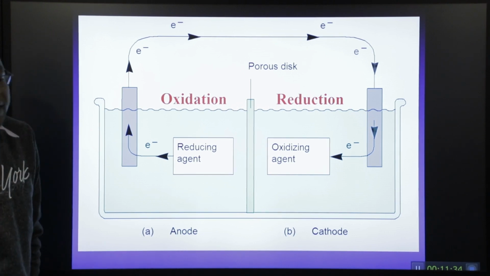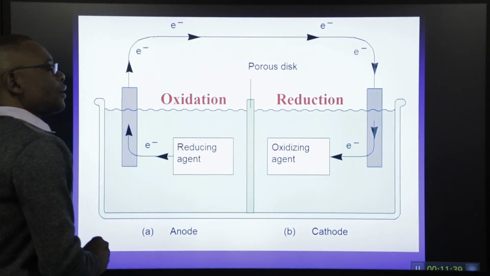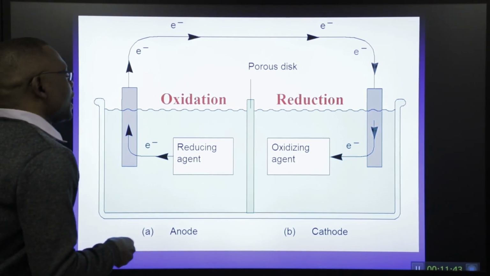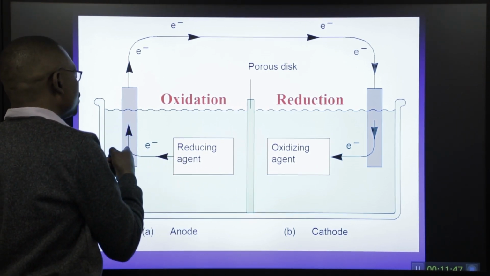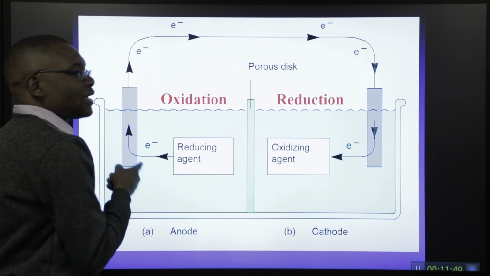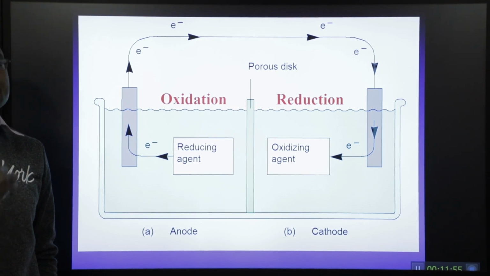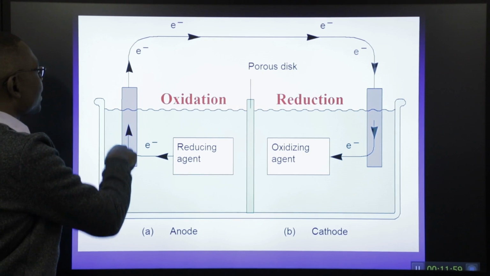So what is happening here is that it is the ions that have picked up electrons and carry them through, and when they reach the anode, it is those ions which now give up that electron, and that electron is picked up by the anode.